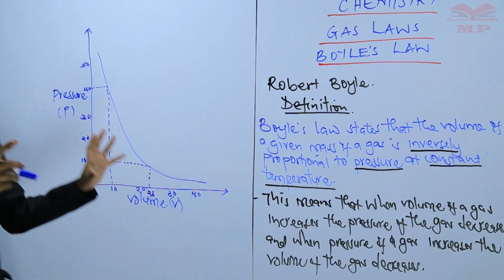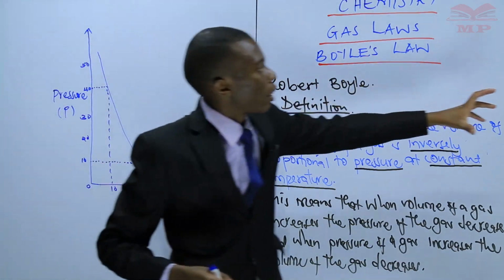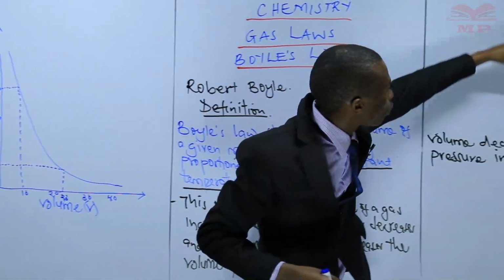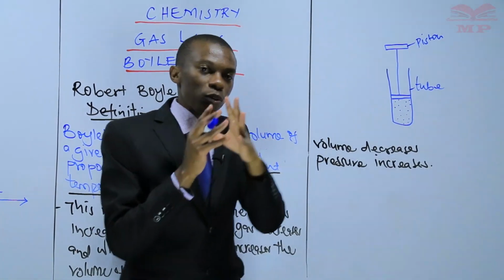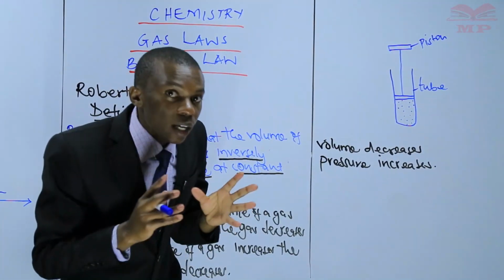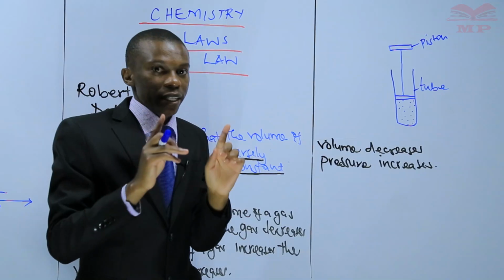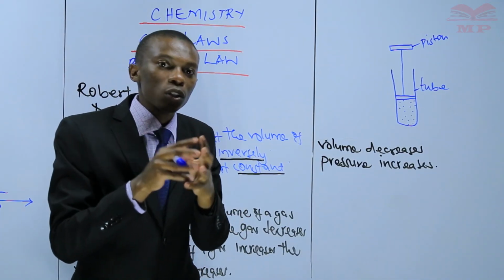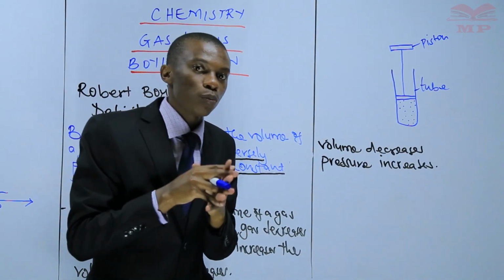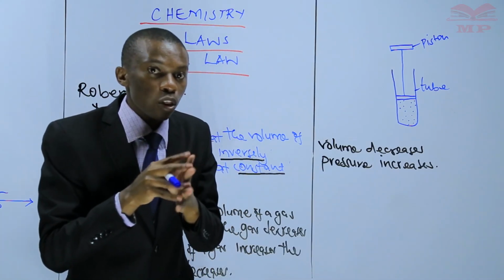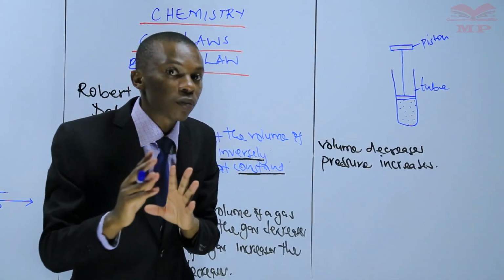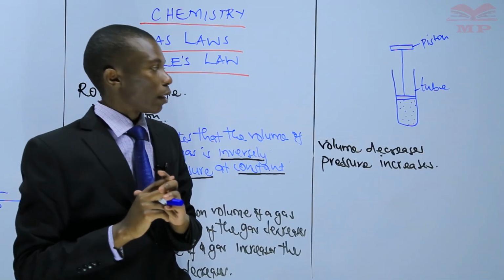That is the same way I've explained it here: if you press the piston downwards, the volume will reduce and the pressure will rise because the particles of the air inside the tube collide more with themselves and with the walls of the container.